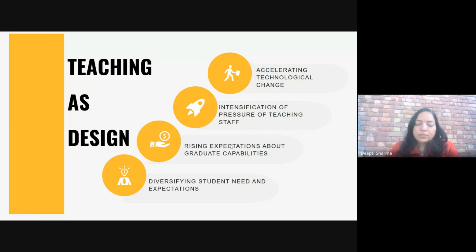There are some factors we need to specify, factors that essentialize the need of including design thinking into teaching.